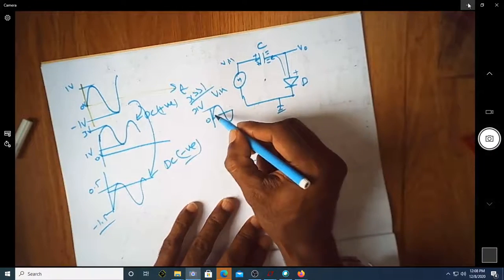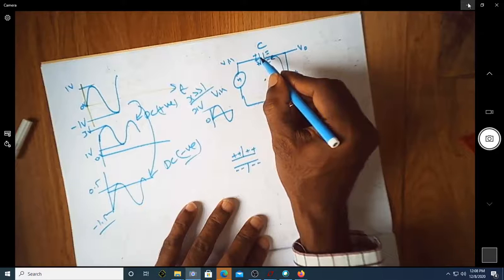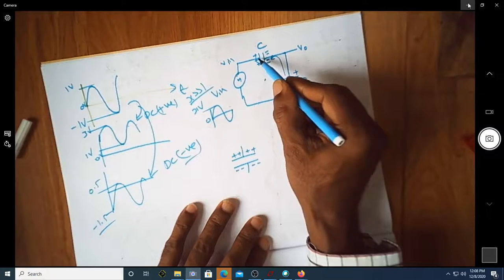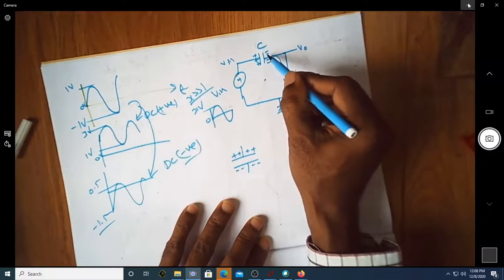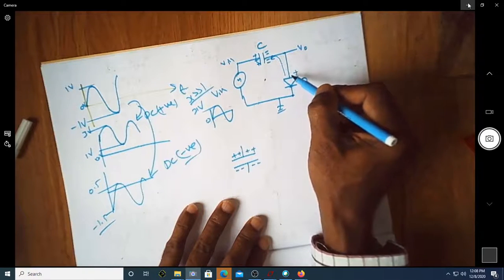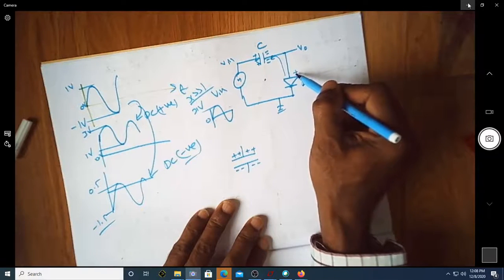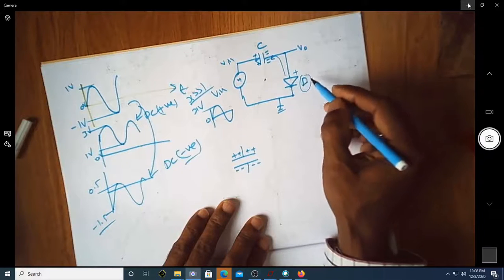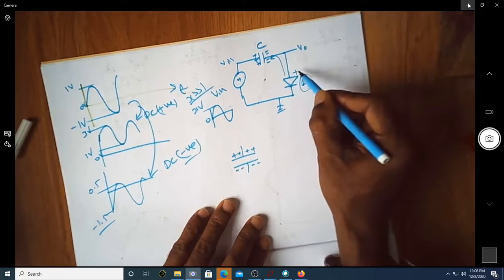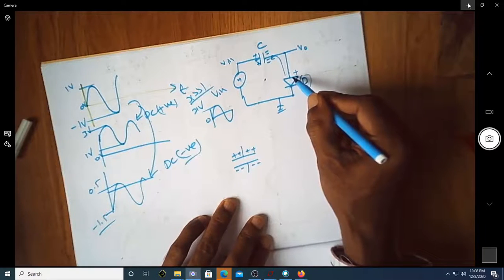Whenever you apply the positive voltage to the left hand plate of the capacitor, because of these positive charges, negative charges are accumulated on the other plate, which are now being supplied by the diode, which in turn turns on, because whenever it loses negative charges, this will become positive. Since we are assuming this diode is an ideal diode, whenever the voltage becomes greater than 0, as it leaves negative charge, this becomes more and more positive. By that time the diode starts conducting.